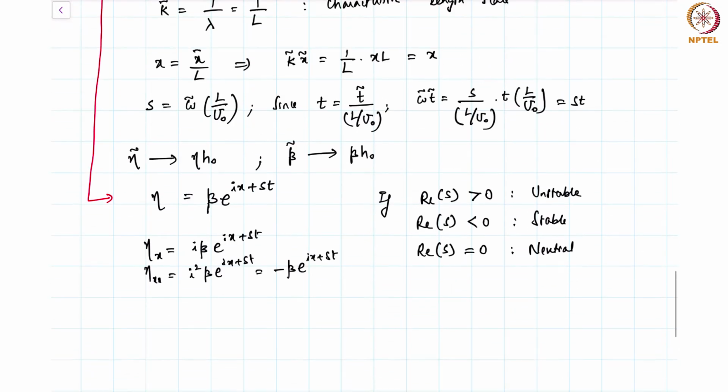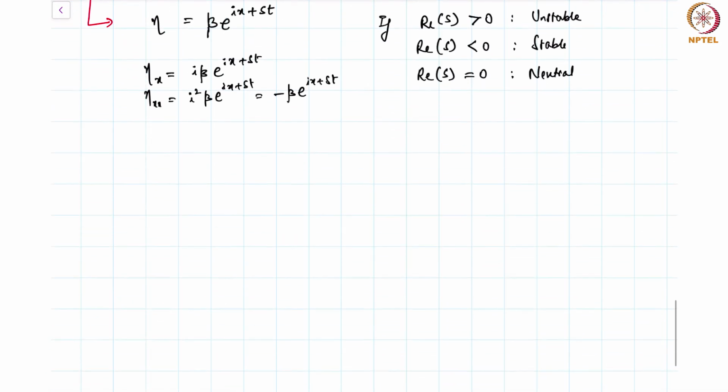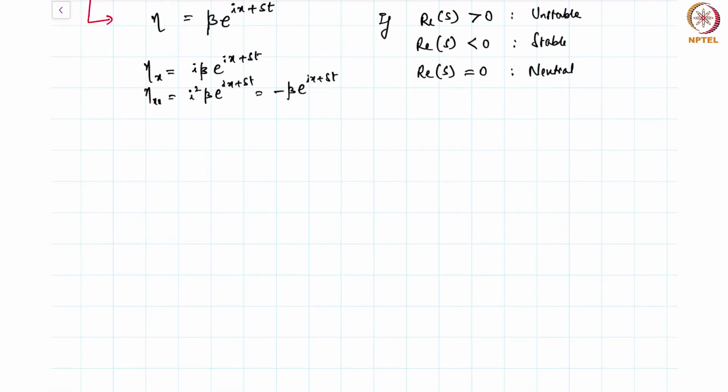If we substitute all these derivatives of eta, including the time derivative on the left hand side, into the linear PDE that we have derived, then what we get is a simple algebraic relationship.